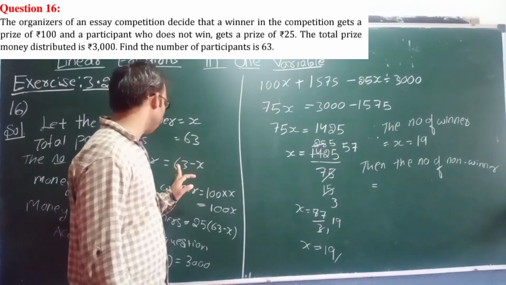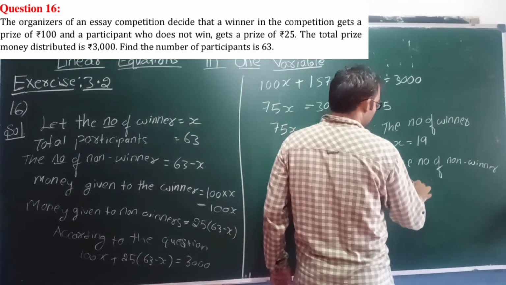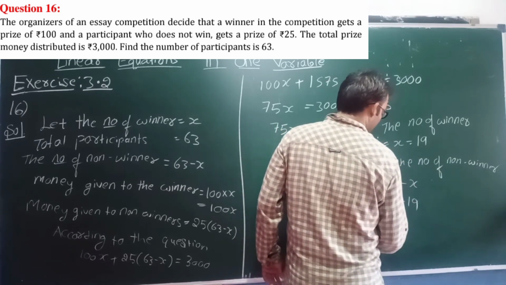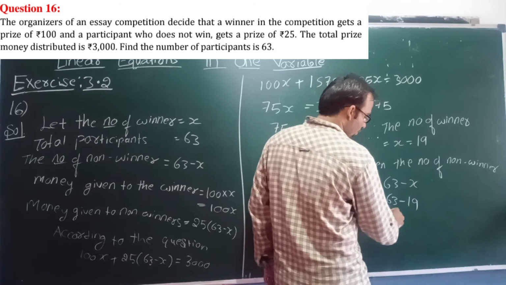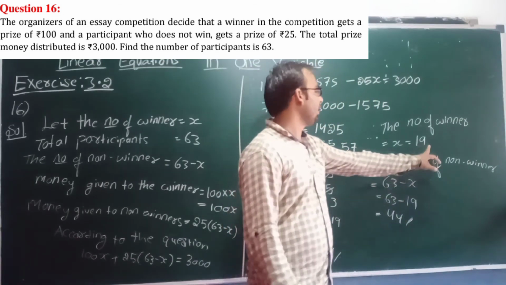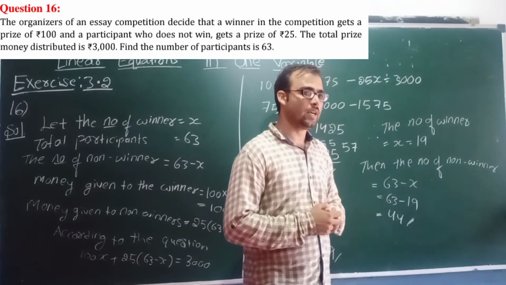That is 63 minus x. That is 63 minus 19. 63 minus 19 is how much, students? 44. Okay. So here in an essay competition, 19 members have won the competition and 44 members have not won the essay competition.